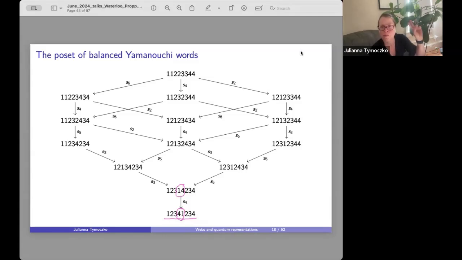The things that are more in alphabetical order are on the top. So every time that we can do a flip and make the word more in alphabetical order, then we move up. Up at the top, after doing a bunch of flips, we've got it fully in lexicographic order.